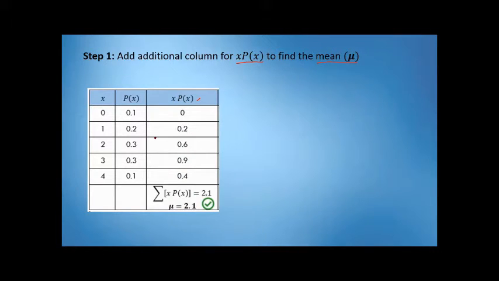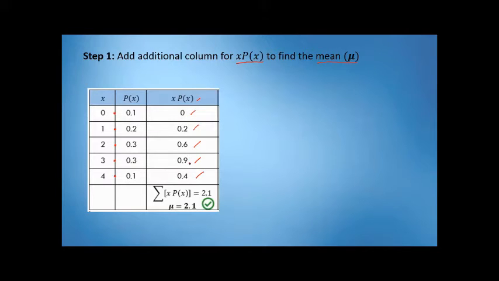Per row, 0 times 0.1 is 0. 1 times 0.2 is 0.2. 2 times 0.3 is 0.6. 3 times 0.3 is 0.9. Then 4 times 0.1 is 0.4.